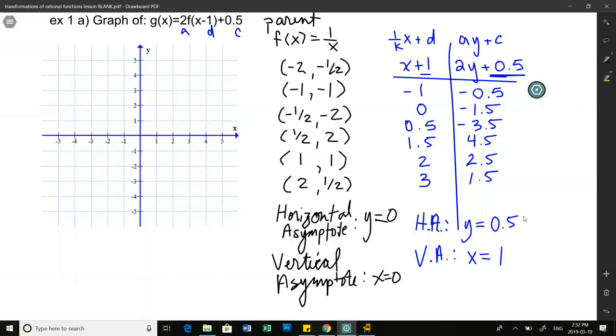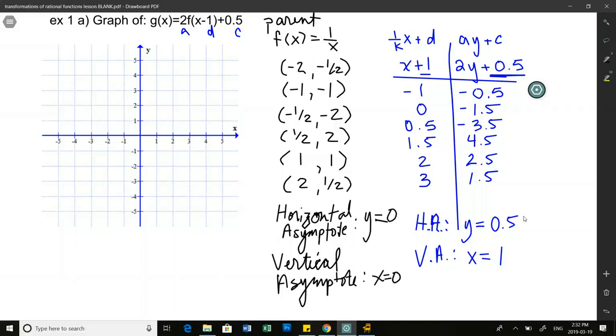Did you already do it, Olivia? She's ahead of me. So it's okay if you did. I might just suggest you grab out another color for your transformed graph just so you don't get confused. When you guys do this on a test, I will have 2 separate graphs and you'll do the parent function on one and then you'll do the transformed on the other, just because it gets confusing with all the asymptotes on one graph.